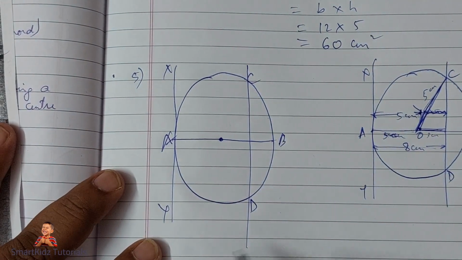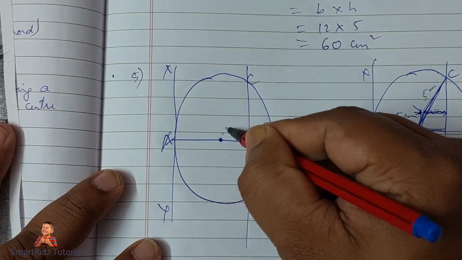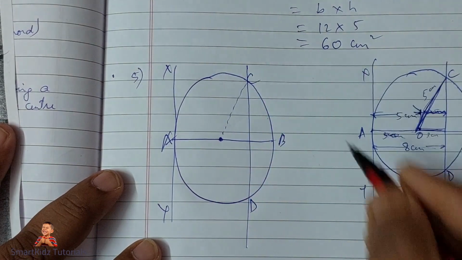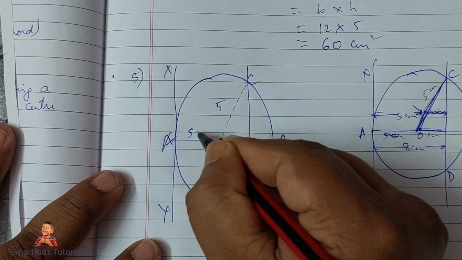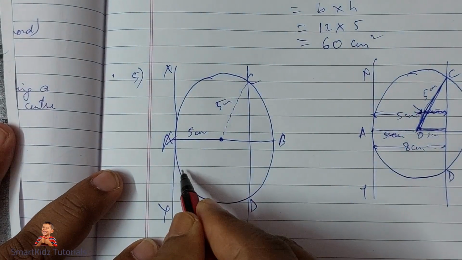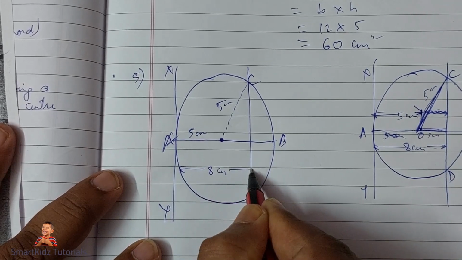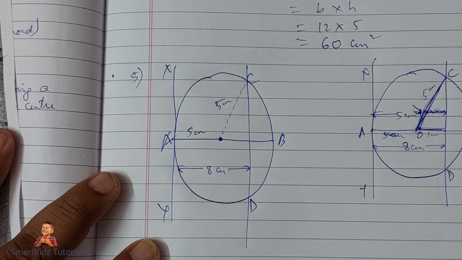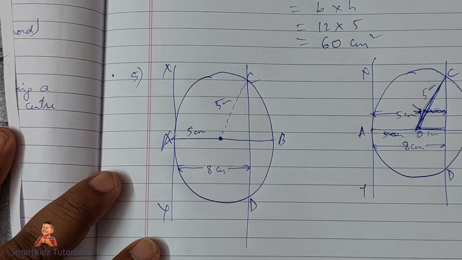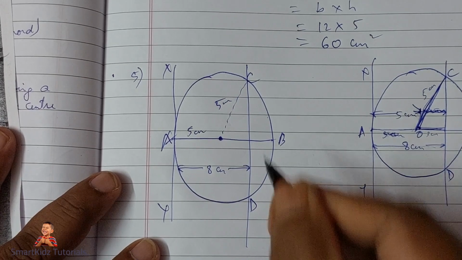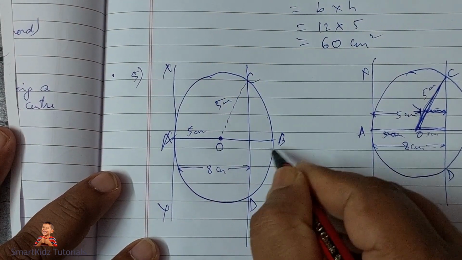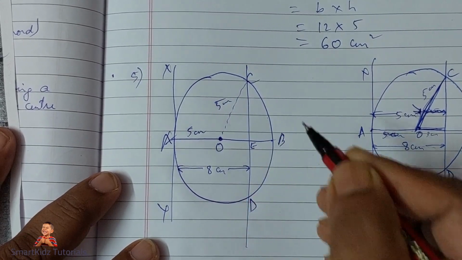And so a dotted line I'll put. This is the radius, so this is 5 centimeters. This is 5 centimeters, and this whole thing from here to here is 8 centimeters. I'll also mark this, this is O, and mark this as E over here.